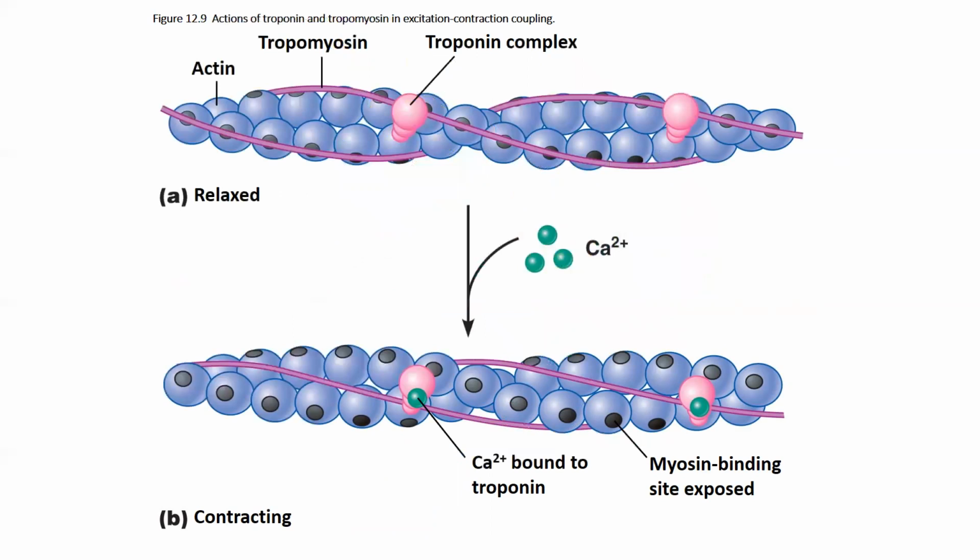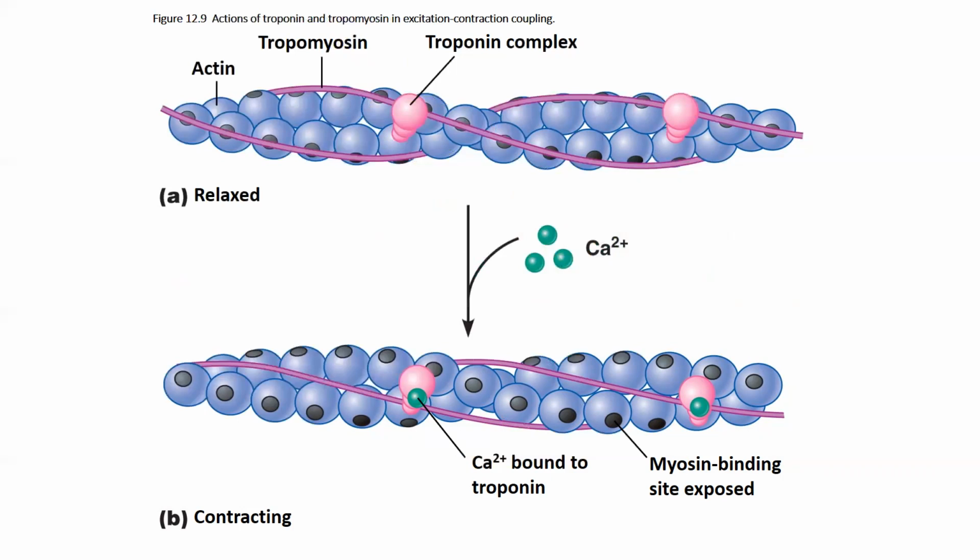Again, you're going to want to practice writing out those steps in order to solidify it, to make it stick. Now this image just compares the two states of actin. Just to refresh ourselves, this is an actin filament, which is those two helical actin molecules, and they have that troponin complex bound to them.